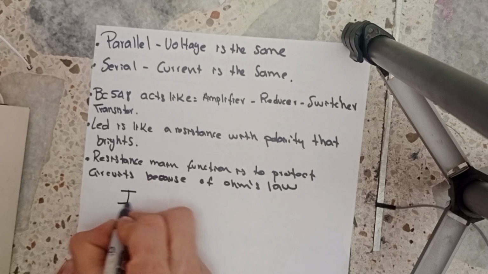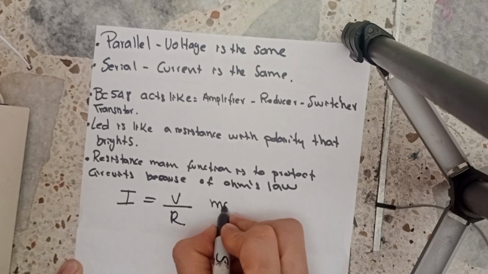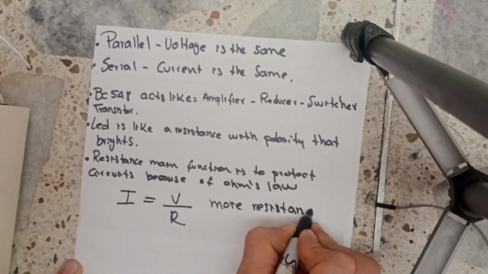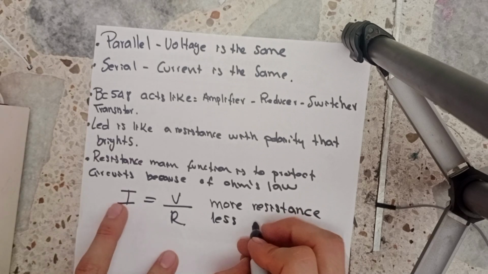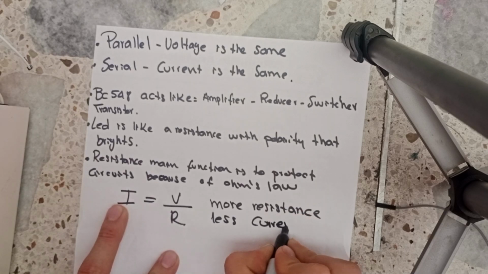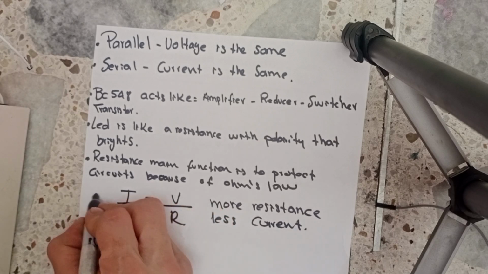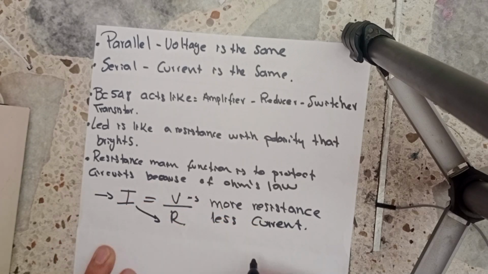Because here this equation is saying more resistance, less current, because the proportion here is inverse, right? This is a direct proportion and this is an inverse, right?